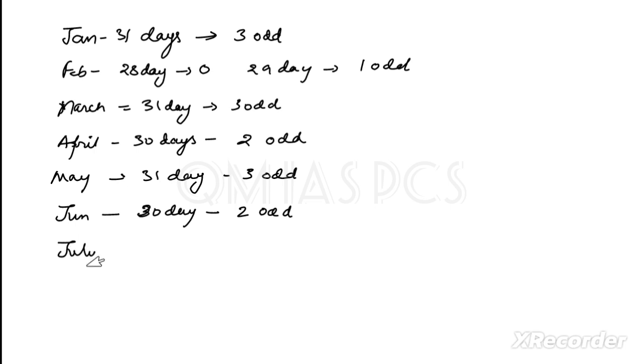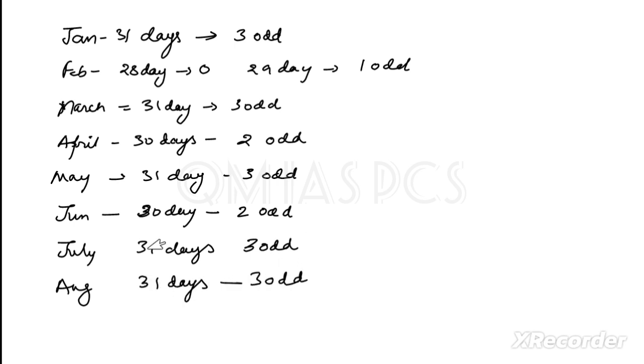July, 31 days, it is 3 odd. August, 31, it is 3 odd. Then September, 30 days, so 2 odd. Then October, it is 31, that means 3 odd.